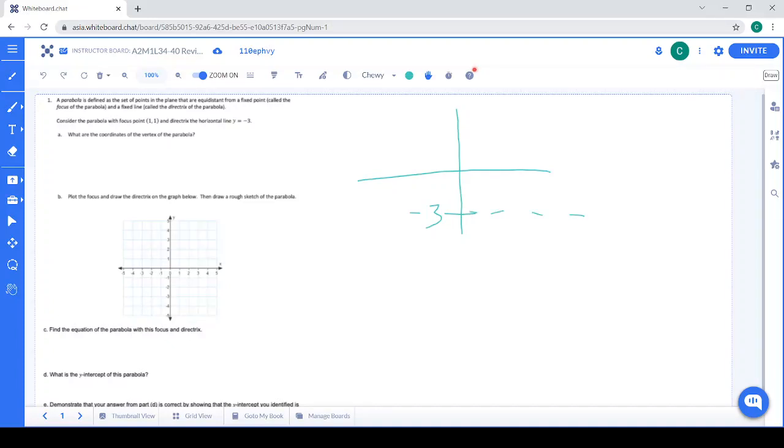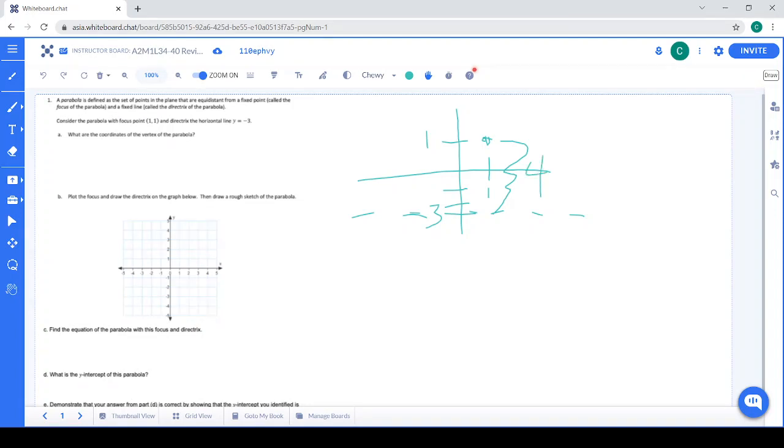That's our directrix. And the focus is at (1, 1), so it would be this point here.